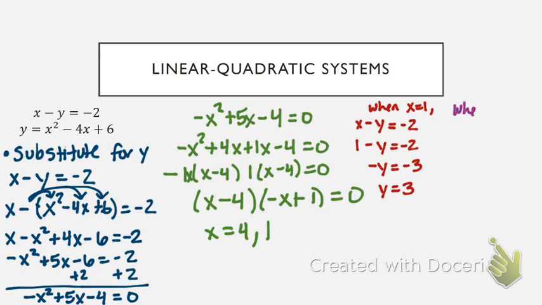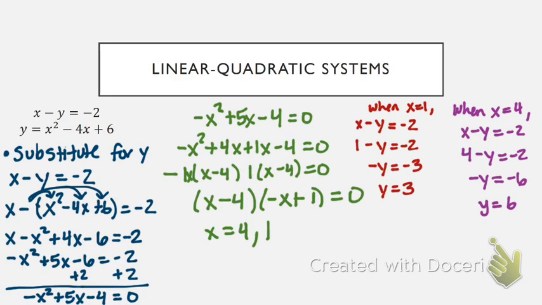When x equals 4, you know x minus y equals negative 2. And y equals 6. So my answers here are 1, 3, and 4, 6.